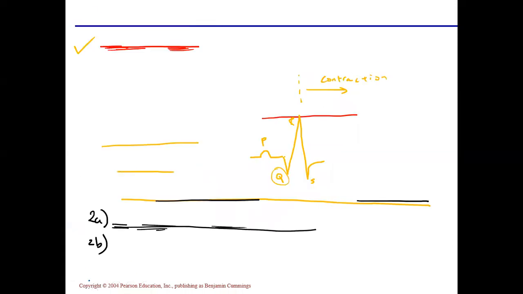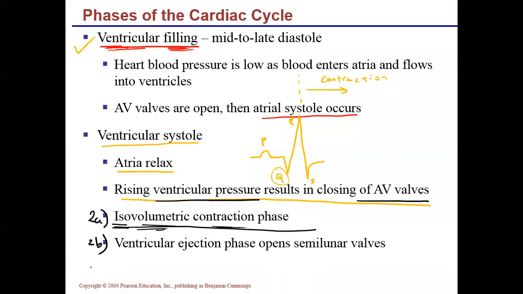So we could go back and put in all valves closed, okay? Because the AV valves were already closed, and the blood came in all the way to the SL valve, but the contraction or the amount of pressure was not high enough to open them yet.